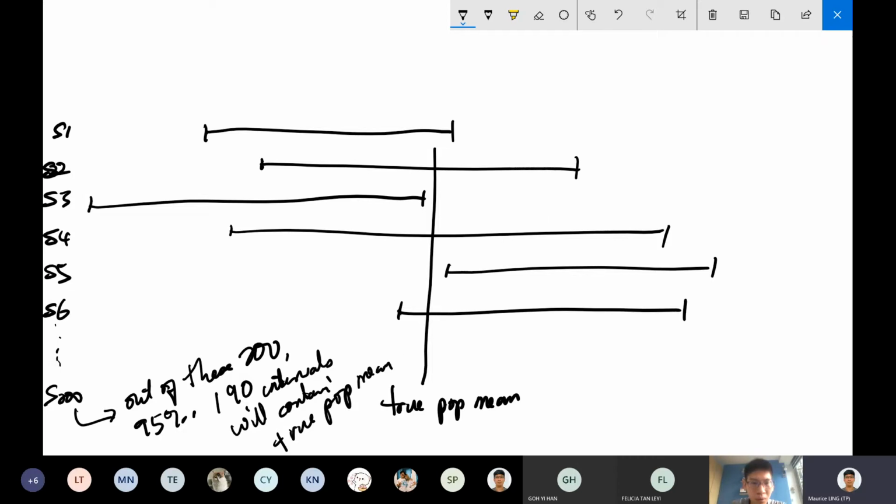For example, this one contains the true population mean. This one contains it. This no. This yes. This no. This yes. So you have 95% of the intervals that contain the true population mean. This is what you will commonly see, another way of interpretation.